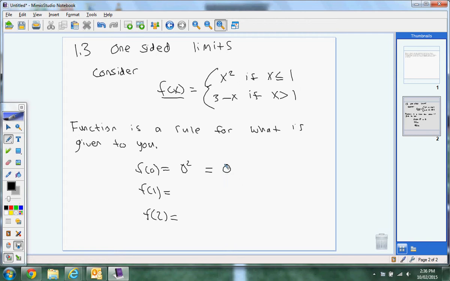X squared, because the equal to, right? So the equal to is on the top one, so I still use x squared, I get 1. Okay, and then f of 2, I get 3 minus 2, so I get 1. Make sense? So we're just abiding by the rules.